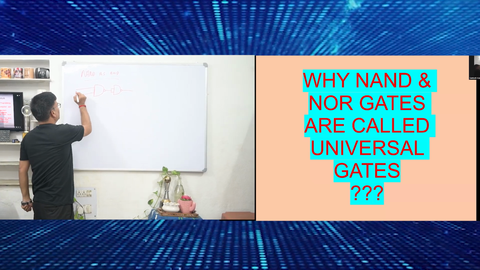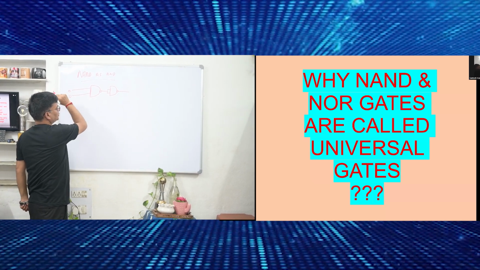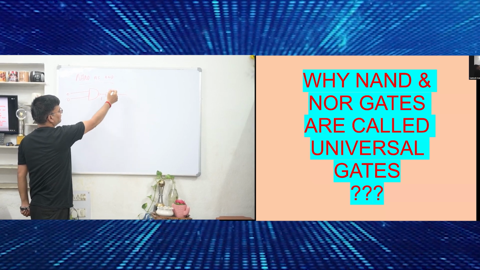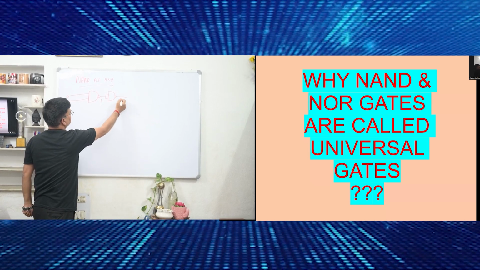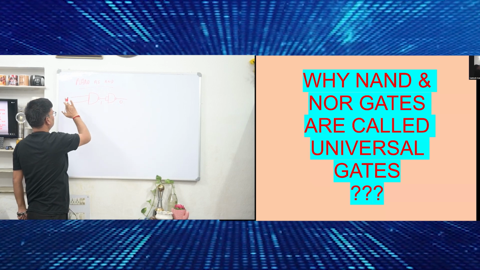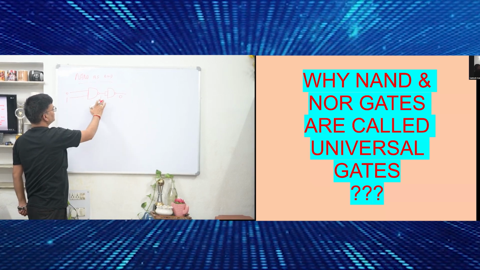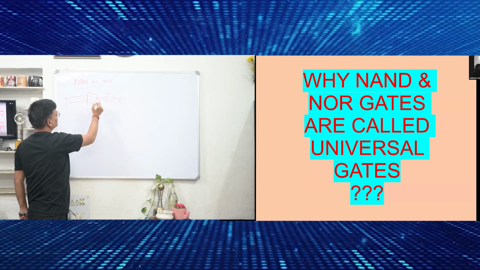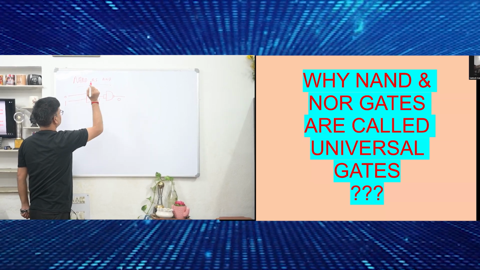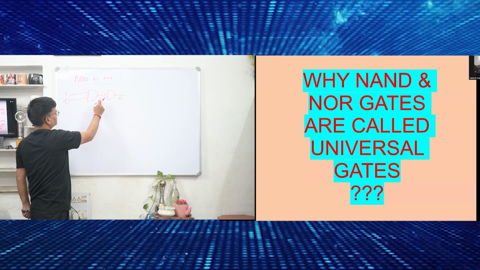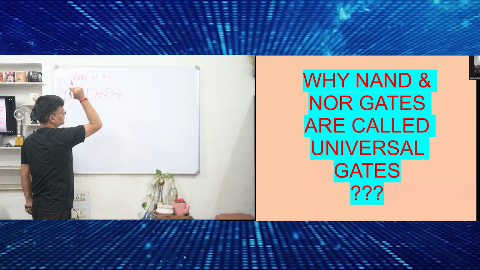Let's see. I get 0, 0. For 0, 0, the NAND gate gives 1. For 1, 1, it gives 0. Now if I say 0, 1, the NAND gate gives 1, and for 1, 1 it gives 0. Then 1, 0 gives 1, and 1, 1 gives 0.